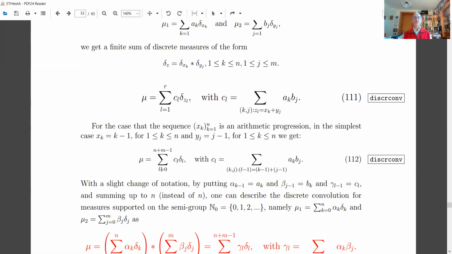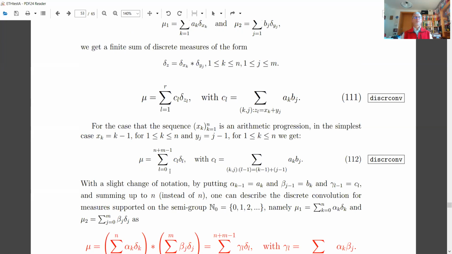So assume you have Dirac measures living on a lattice, starting with 0, and going from, I was writing in the text, delta_l going from 0 to n, so the x_k are going from 0 to n, and the j are going from 0 to m. And then the possible values, because it's a semigroup, natural numbers add up and give natural numbers. Only those numbers between 0 and n plus m minus 1 can appear.